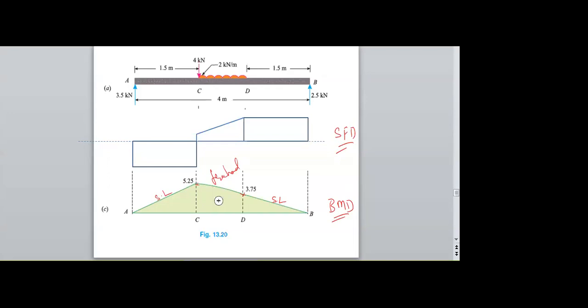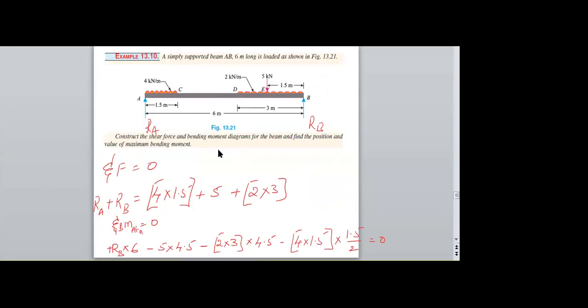Next problem. A simply supported beam AB, 6 meters long, is loaded as shown in the figure.